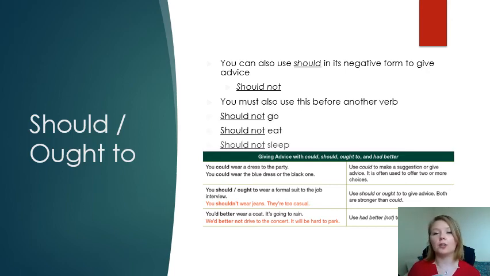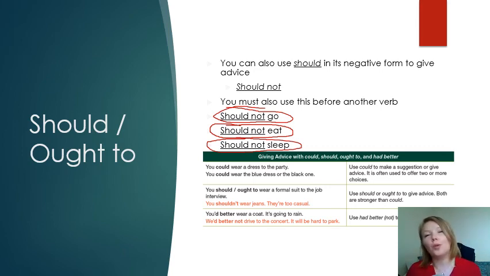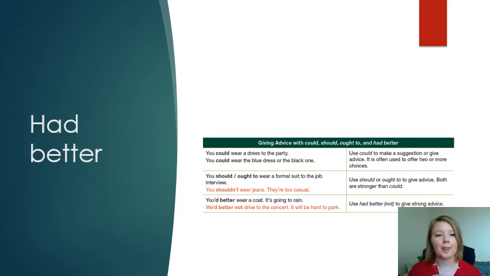Should not go, should not eat, should not sleep. You should not go to sleep at 5 a.m. You should not eat too late at night. You should not sleep in class. These are other ways to give suggestions and to tell people what we think they shouldn't do.